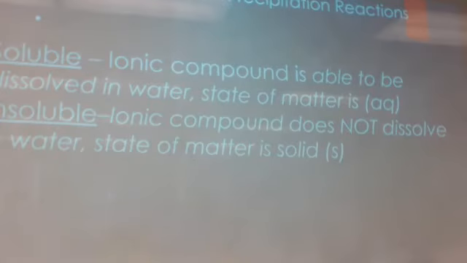I took off the term electrolyte, so even though it's in your packet, we're not going to discuss that. But just so you know, an electrolyte is just a free-floating ion. So those would be your dissolved ions.